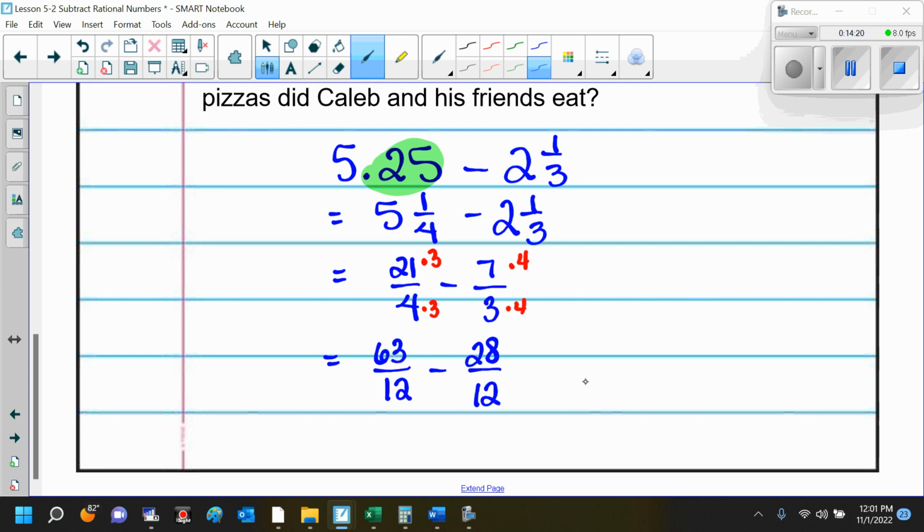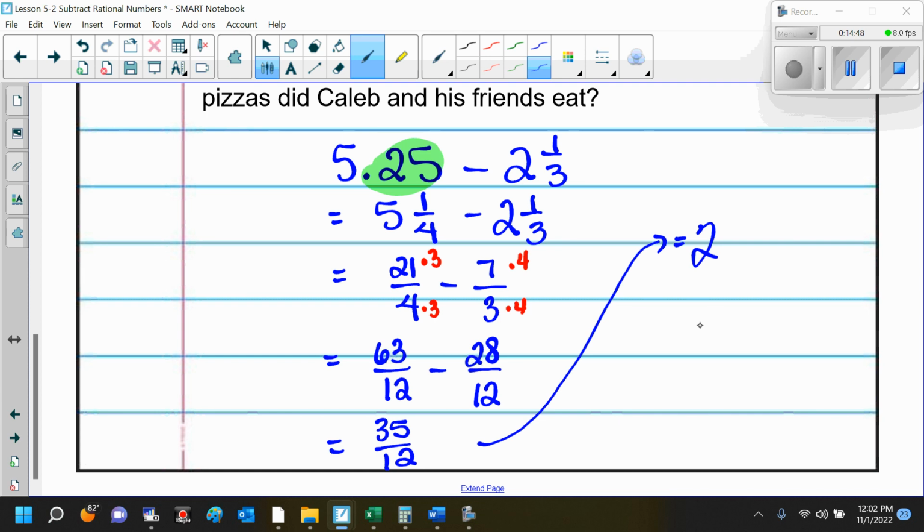Do I have to do keep, change, change for this one? No, because we have 63 minus 28, right? All right, so this is going to be 35/12. Now we can change that, and I'm going to move up here because I ran out of space. 35/12, we can change that back to a mixed number. So how many times does 12 go into 35? 2 times, right? 2 times, that's 24, right?